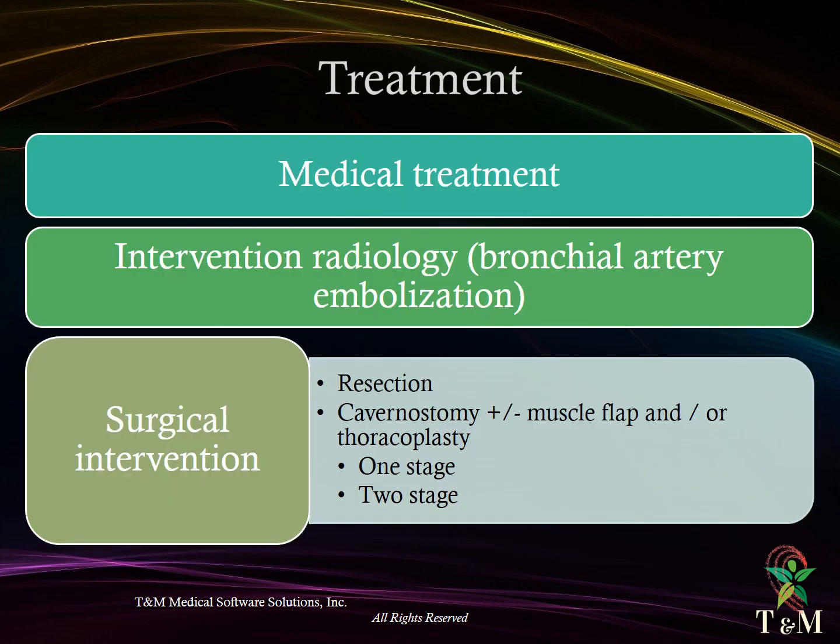The summary of treatment of a fungal ball revolves around medical treatment, interventional radiology with bronchial artery embolization in patients with hemoptysis, and surgical intervention, which may entail lung-sparing resections, global resection, cavernostomy with or without muscle flap, and with or without thoracoplasty in one or two stages.